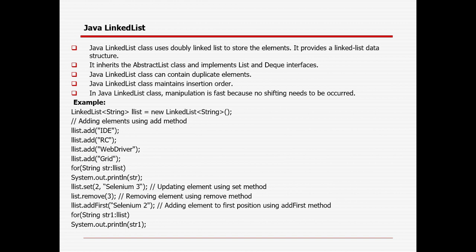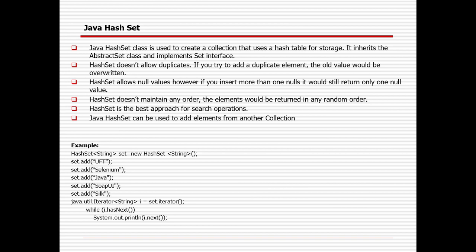Then I will give you the example of the set, HashSet. This is also a class, these are all classes. It implements the Set interface, okay. So it does not allow any duplicates. Suppose sometimes I don't want to consider any duplicate element, right? Then you have to use HashSet.